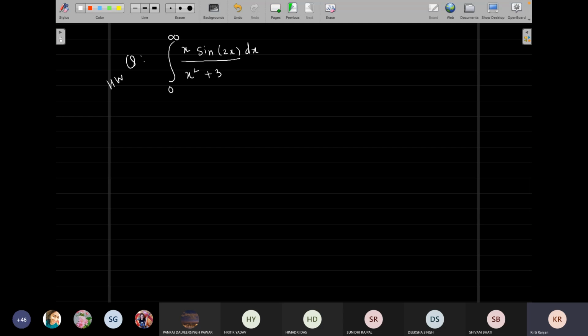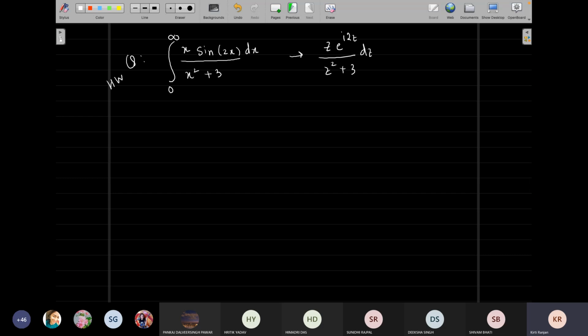You can see that x over x square plus 3, if I convert it into z times e^{2iz} divided by z square plus 3, then you understand what is happening here, right? z over z square plus 3 has only 1 degree difference, but this goes to 0 as r tends to infinity, and the rest of the thing will be taken care of by this e^{2iz}.